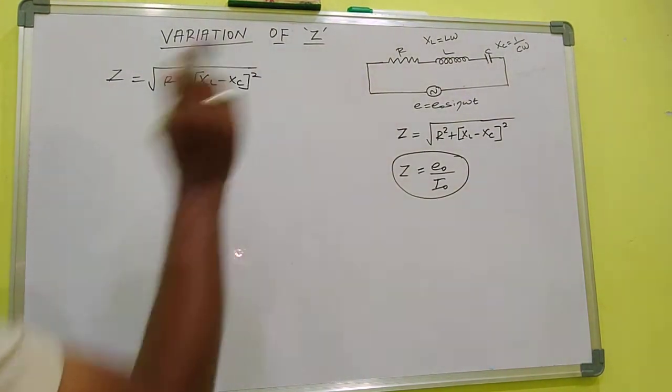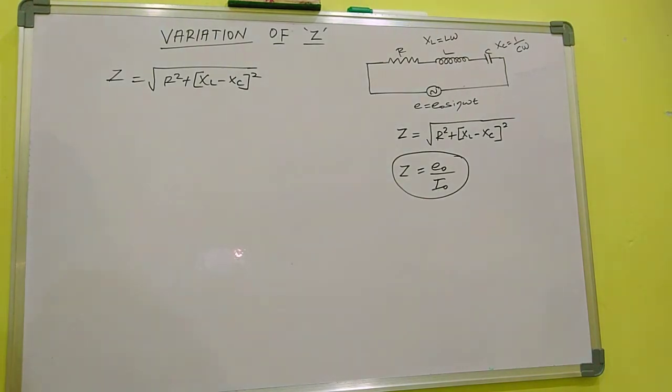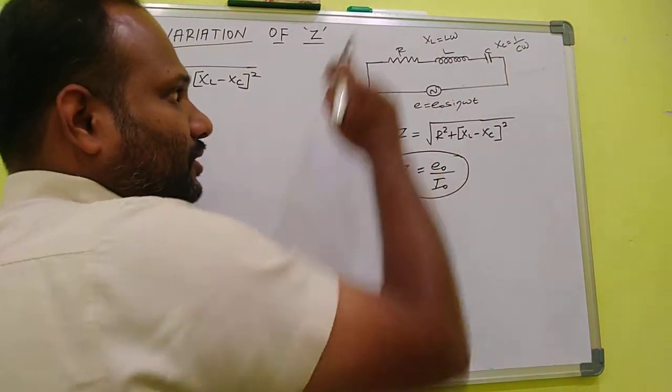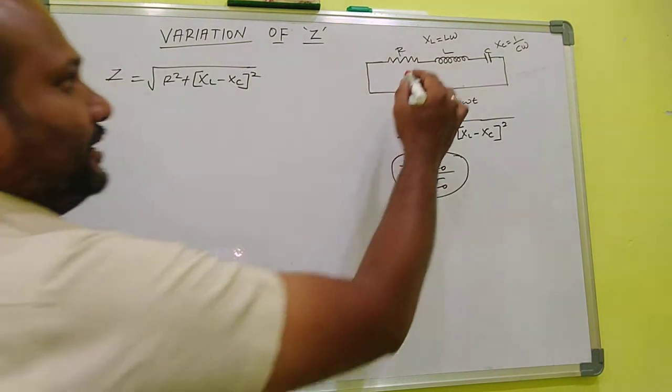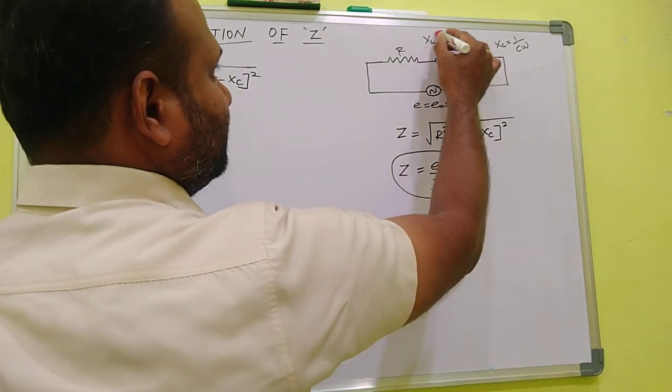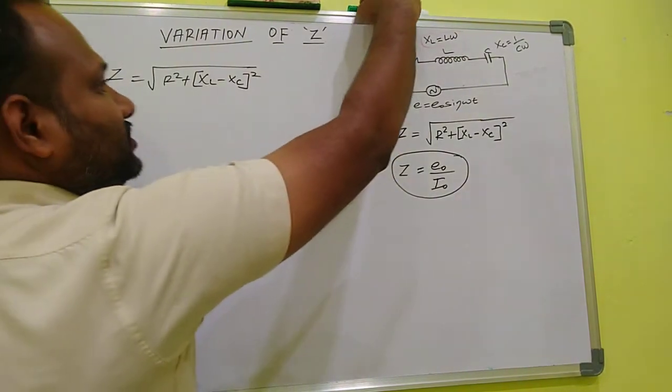It should be fixed. But XL and XC, we can change the value of XL and XC because XL is equal to L omega. Here L is fixed for a particular inductor, but omega is the angular frequency which we can change.